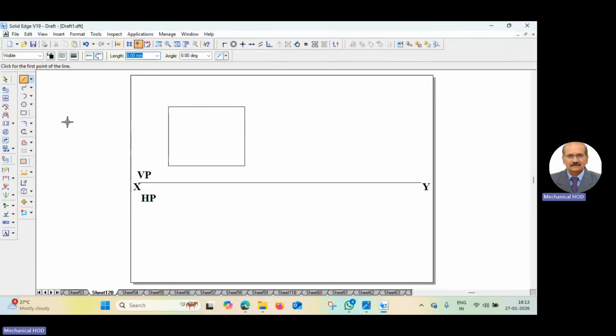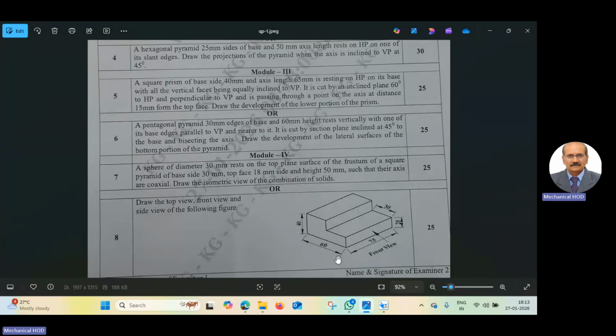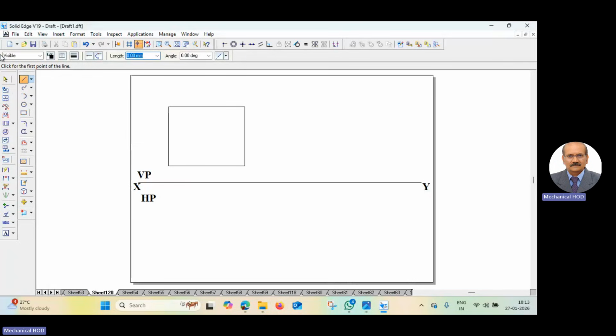To get the top view, it is 75 by 60. Okay. So what to do? Go to Solid Edge, take the line command. From here, draw projection. This is 60 mm. This is 75.